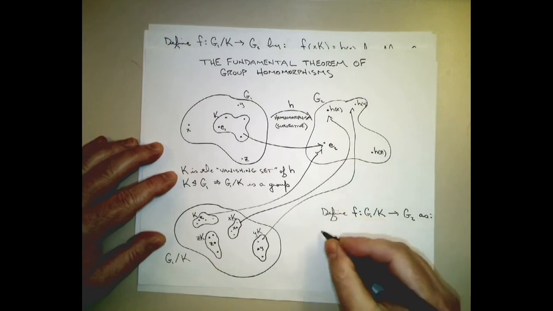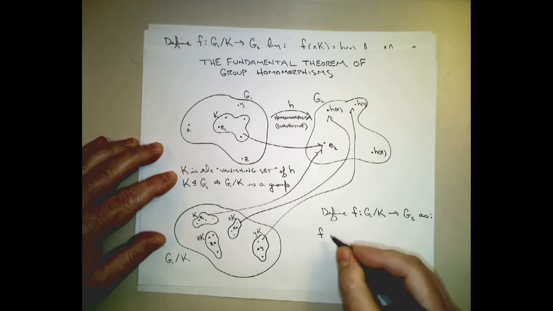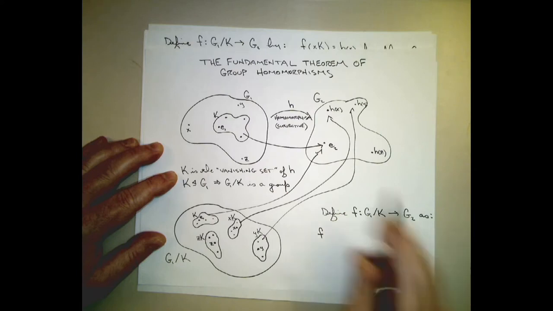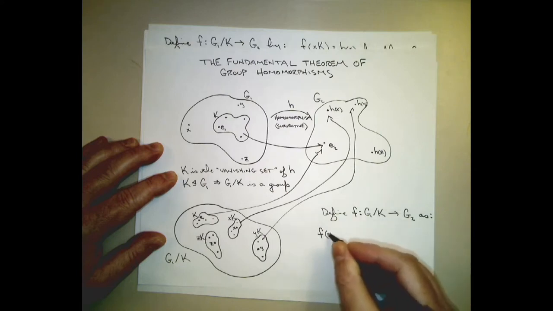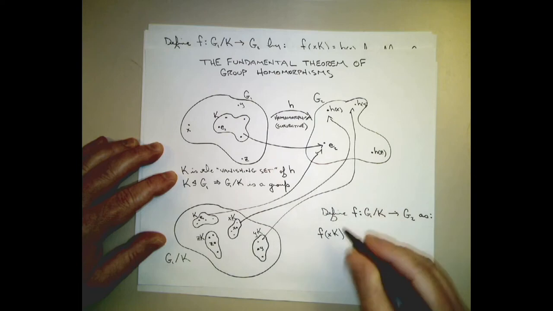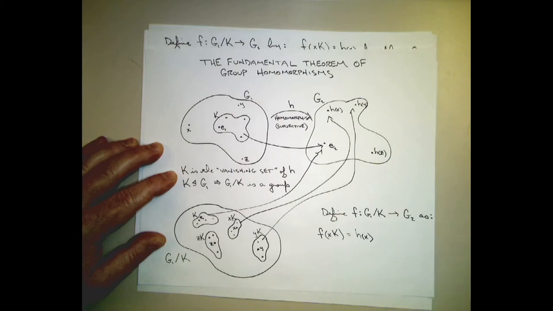So we're going to go ahead and make that definition. We're going to define f to be the function that sends a coset xK in our quotient group to the image of X under our homomorphism.